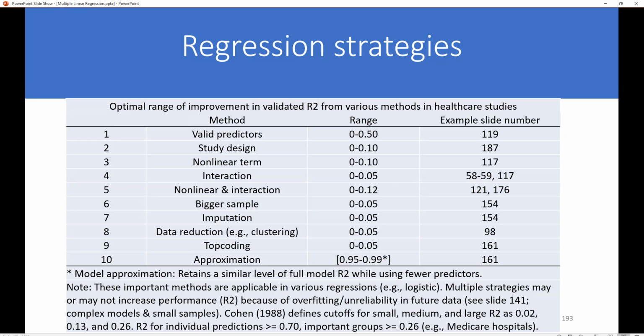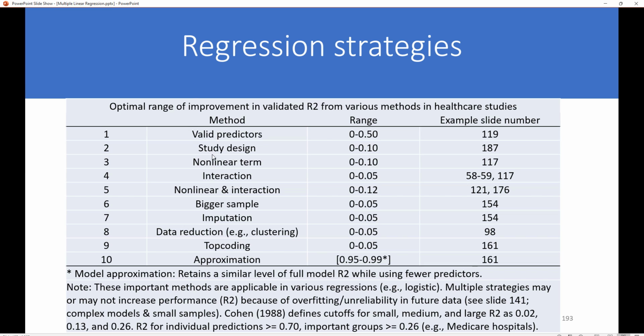And everything that we've covered in the last 6 weeks is in this slide. It's regarding regression strategies. This slide shows the optimal range of improvement in validated R-squared from various methods in healthcare studies. So we have all our different methods that we covered that can help improve our model.